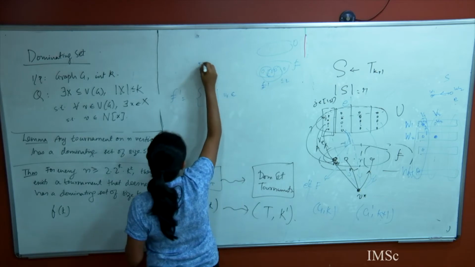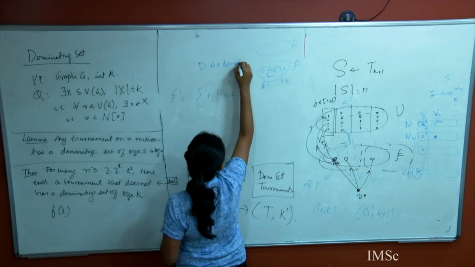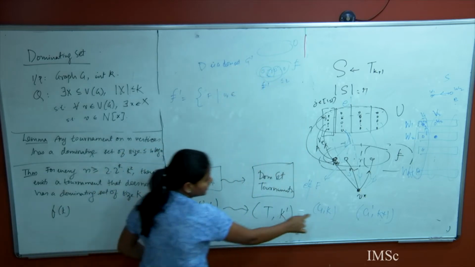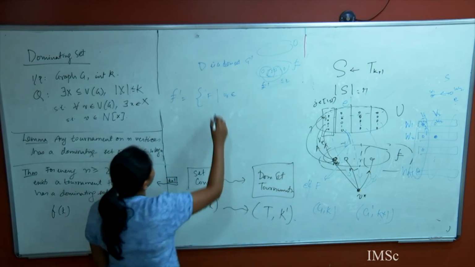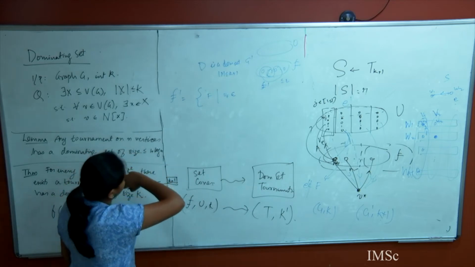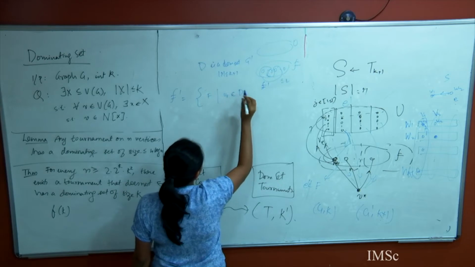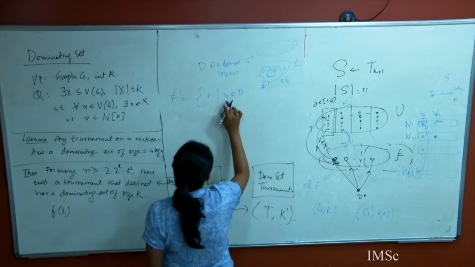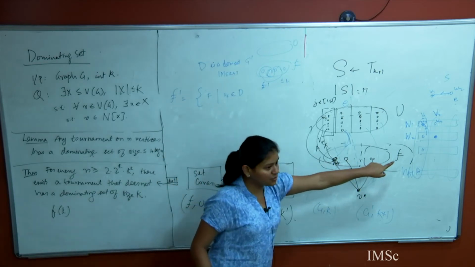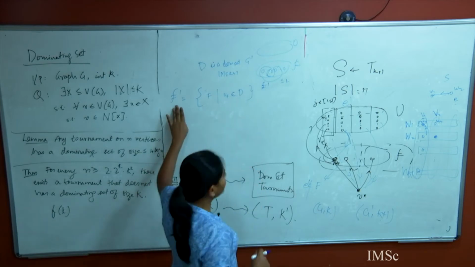Let us pick a dominating set D in our tournament G prime. We know that D has size at most k plus 1, where UF belongs to D. I hope it is clear that UF are these vertices corresponding to the family. So this is what my F prime is.